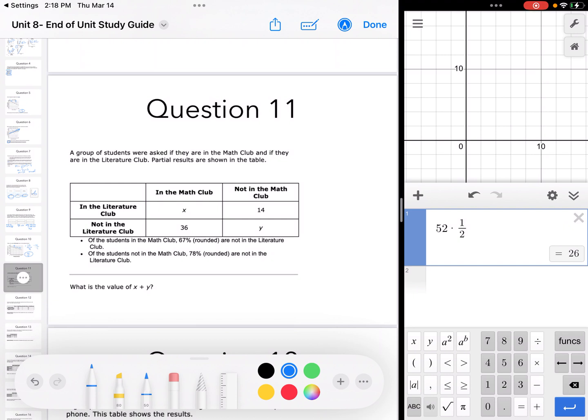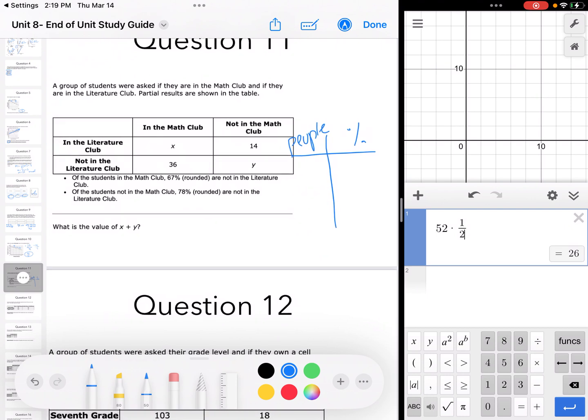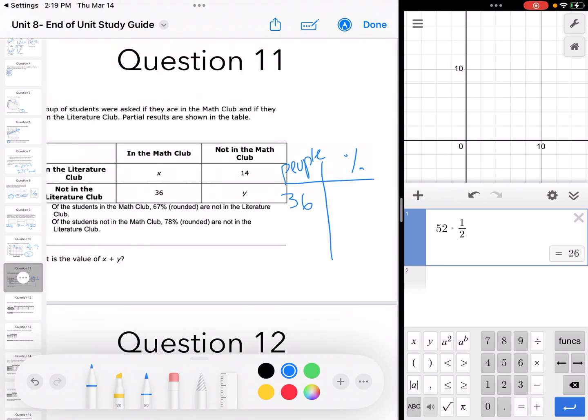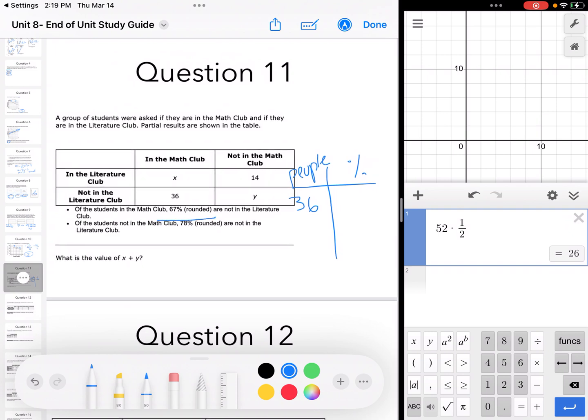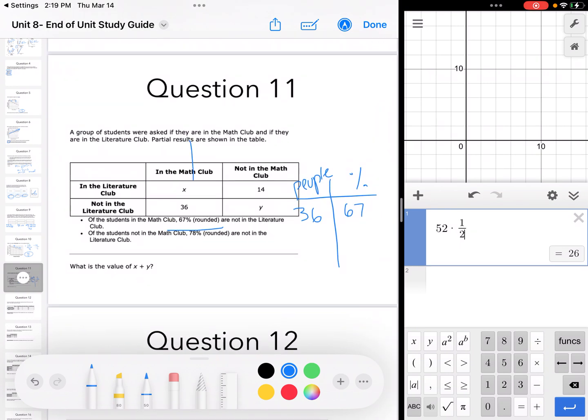So that means that if I have my people and percent, I know that 36 represents 67%.